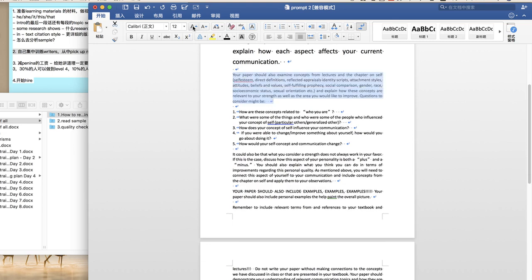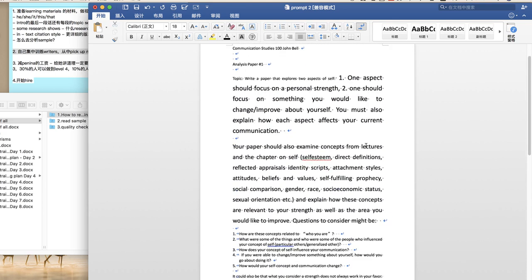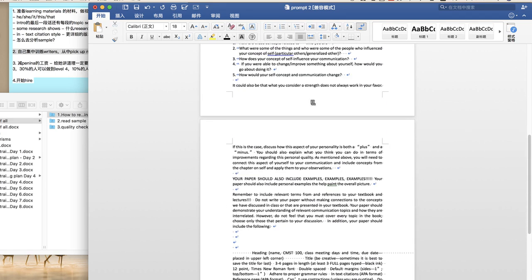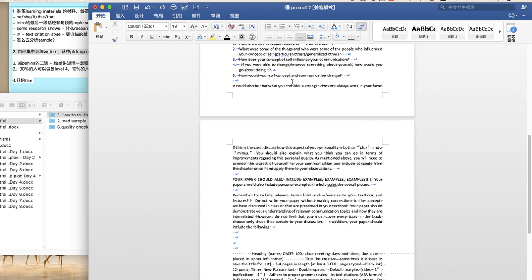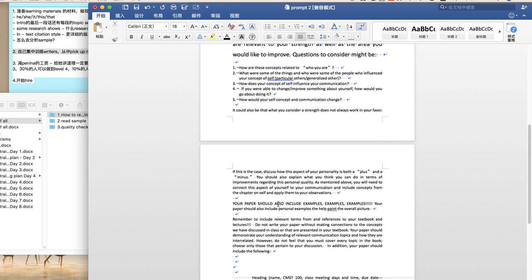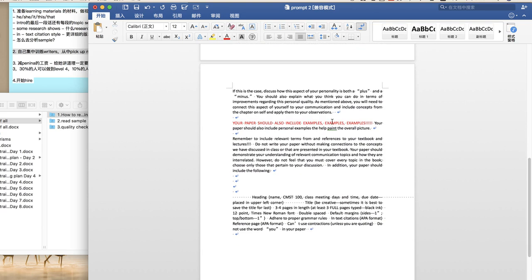This is also a requirement, so make the size bigger. And here, the professor even uppercased all the words for you. It means it's important: samples, samples, samples, examples, examples, examples.